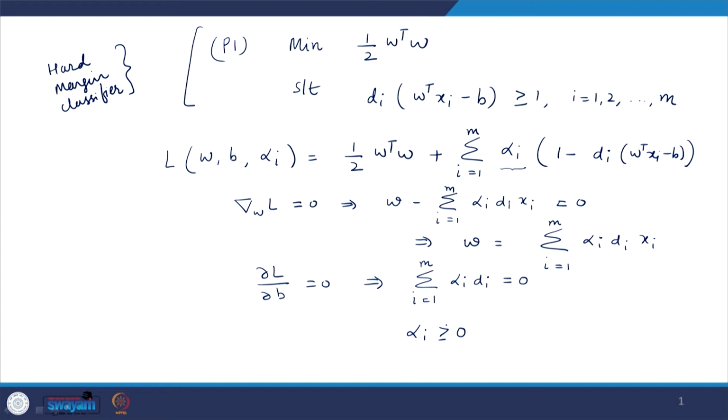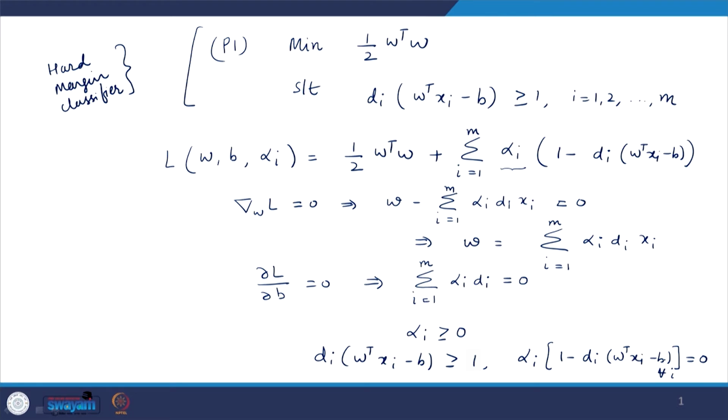Next comes the feasibility condition: di (W transpose xi minus B) should be greater than or equal to 1, and next, alpha i times (1 minus di (W transpose xi minus B)) should be 0 for all i. So, these are the different KKT conditions which we are having for this problem.